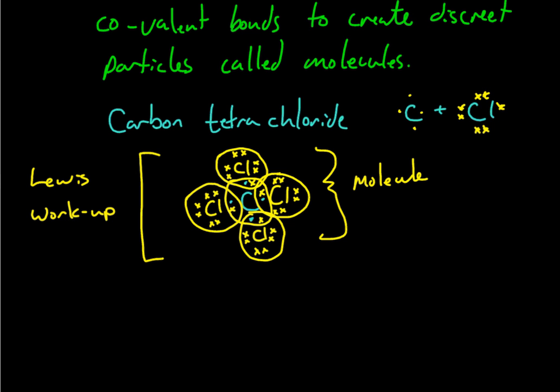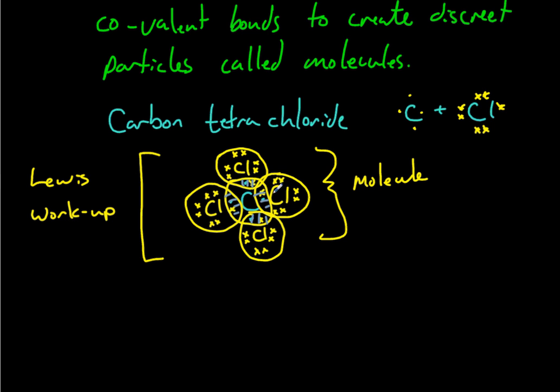I'm just going to point out here that each of these areas where the circle converges on top of itself counts as a chemical bond or a covalent bond. I'll just write that into words in a second here. So this is the Lewis workup of the carbon tetrachloride molecule. Are there any questions about that so far? Does that make sense?